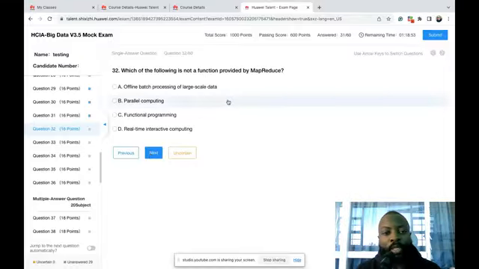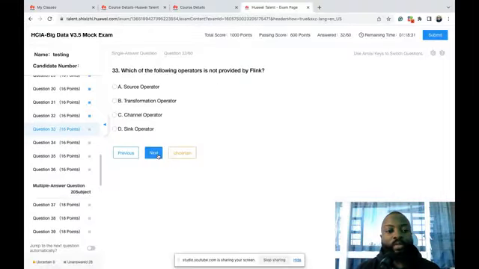In MapReduce, we take the data and reduce it by transforming it. I think this is not a function: real-time interactive computing. No, we cannot do it in real time because we are using historical data. So that's the wrong statement.